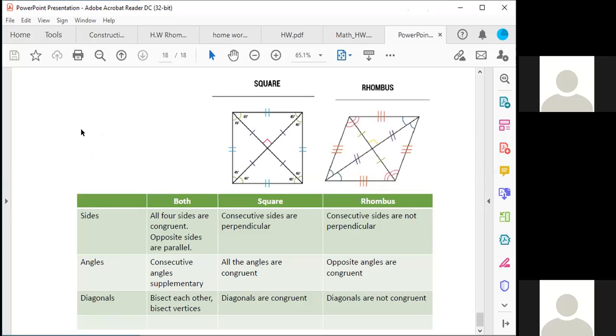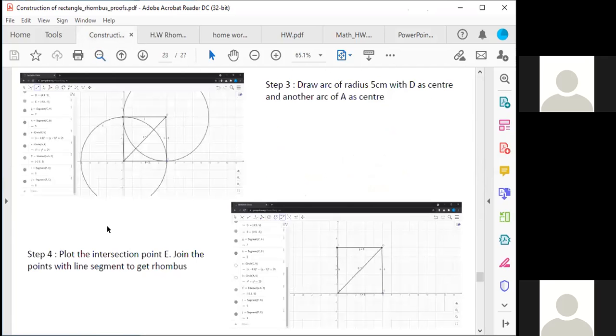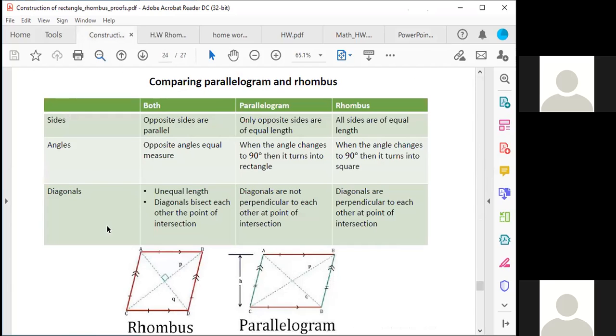Okay. So now let us go into the comparisons. Comparing two quadrilaterals. When you are comparing a parallelogram and a rhombus, yes, opposite sides are parallel.